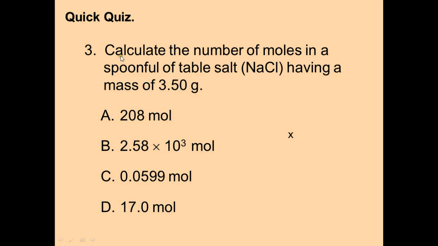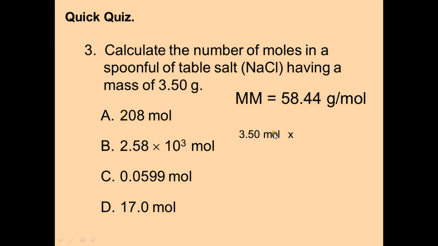So next question, calculate the number of moles in a spoonful of table salt, NaCl, having a mass of 3.5 grams. We first start out with grams, and before we begin, here's the molar mass of NaCl.